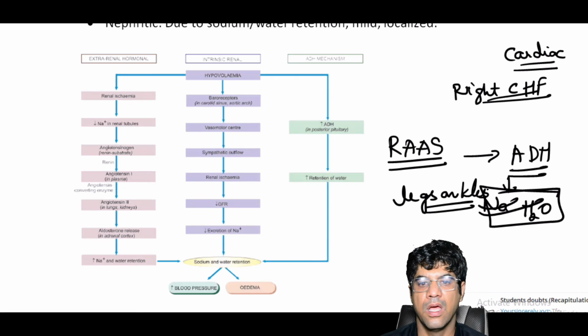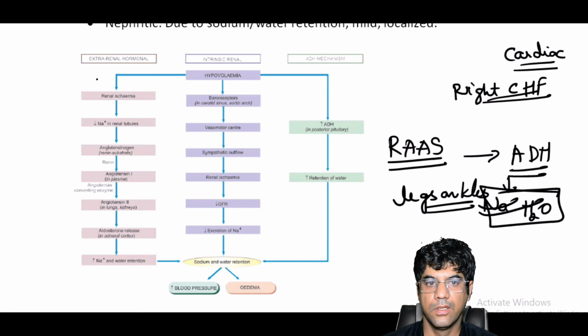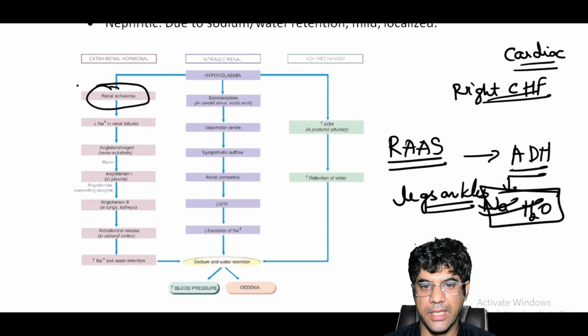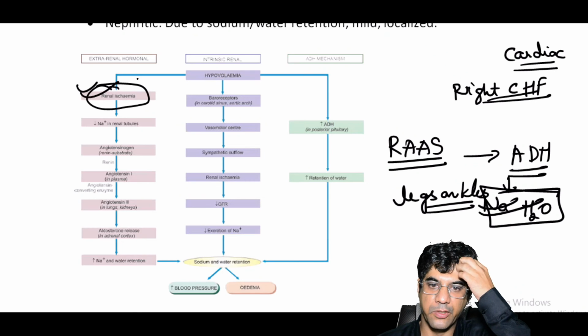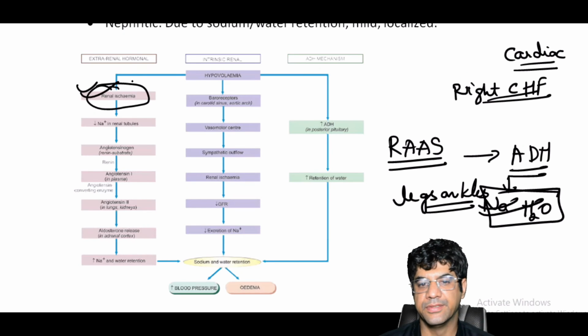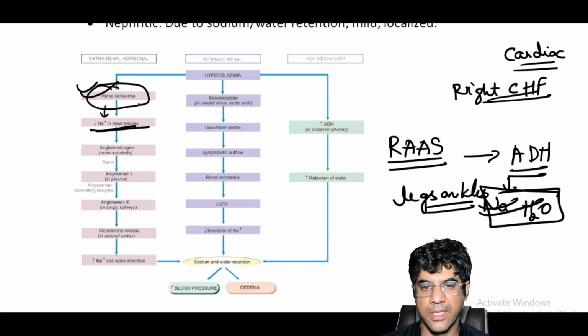Now understanding this table, first of all you should see renal ischemia. That means there is reduced blood flow to the kidney. This is the initial trigger that decreases the sodium in the renal tubules.